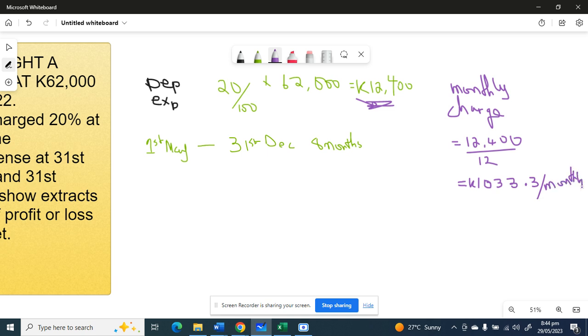So this machine we bought on the 1st of May, up to the 31st December, that's 8 months.